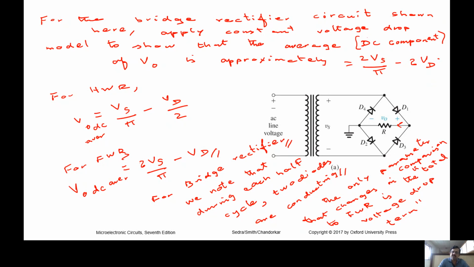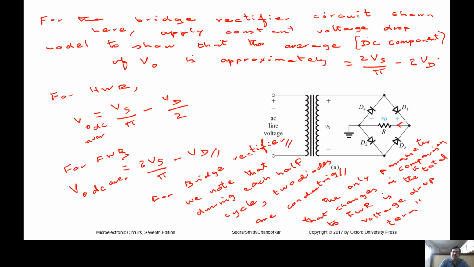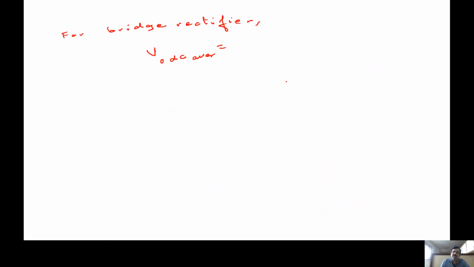Because two diodes are conducting under any half cycle, it will be 2 Vd. So the answer for the bridge rectifier, V0 DC average, will be 2 Vs by pi. That term I am keeping as it is, minus 2 Vd. So Vd simply becomes 2 Vd.